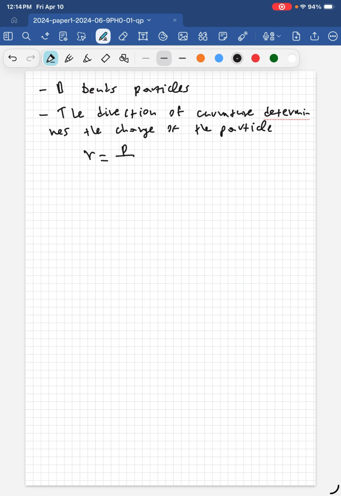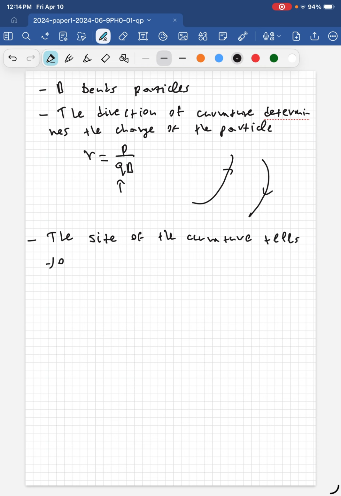So r is p over qB. So if the charge is positive, it will bend, I don't know, this way maybe. And if it's negative, it will bend this way, okay? So it helps you determine the charge, and the size of the curvature, right, tells you the momentum of the particle.